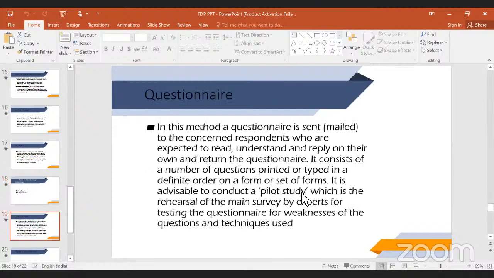Next is the questionnaire. The questionnaire is again a good tool for the collection of data. Like we are giving you different feedback forms, or the internship committee is giving you different kinds of forms to fill in. These are forms of questionnaires. It is very important to understand the importance of a questionnaire, when I have to ask so many questions of people and I cannot approach them directly.